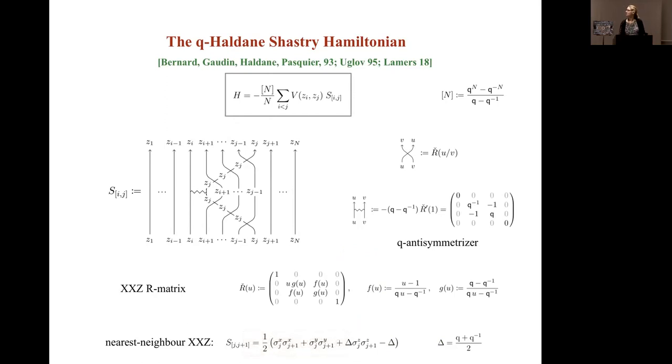Okay, so now we can do the same thing to get a kind of XXZ long-range interacting model. The model, in fact, was suggested already in this important paper from '93, and then Uglov, starting with '95, obtained a lot of important and interesting results for this model.